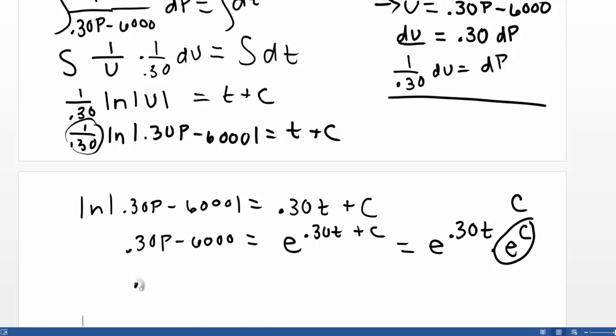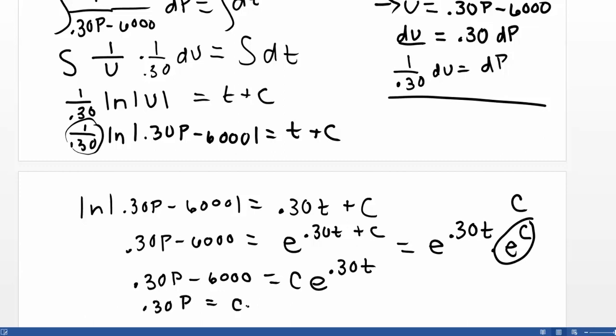So this itself we can just call c. So that means we can rewrite our equation as 0.30p minus 6,000 equals c e to the 0.30t. We can now add 6,000 to both sides. So 0.30p equals c e to the 0.30t plus 6,000.